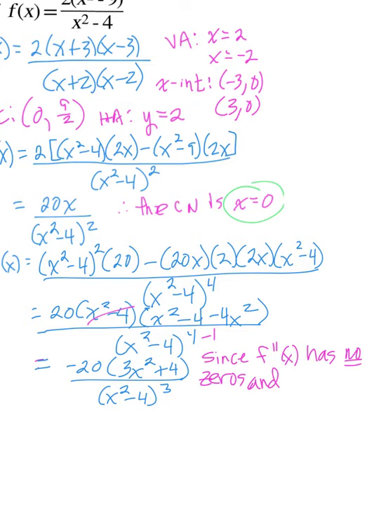talk about the denominator. If you factor that denominator, you'd have x plus 2 times x minus 2, right? So x equals positive and negative 2 are not in the domain.